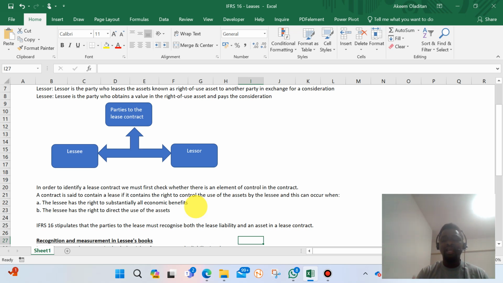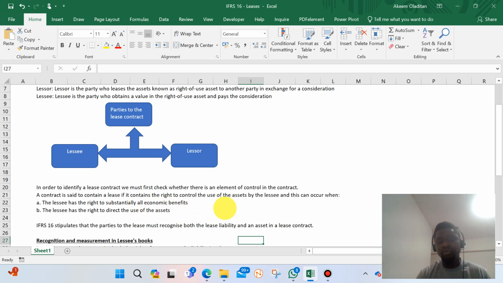The lessee will earn economic benefit on the use of that land over a period of time, which must also be stated in the lease. It can also be in the form of a sublease agreement. The lessee can decide to lease it out to somebody else if the provision has been made in the lease contract. So, substantially all economic benefits. That's what the standard says.